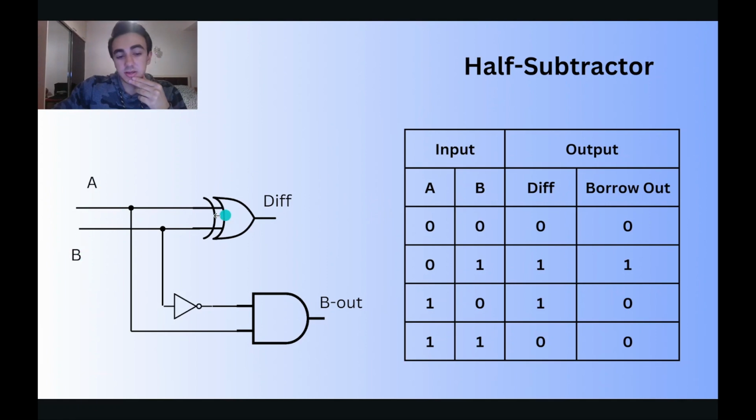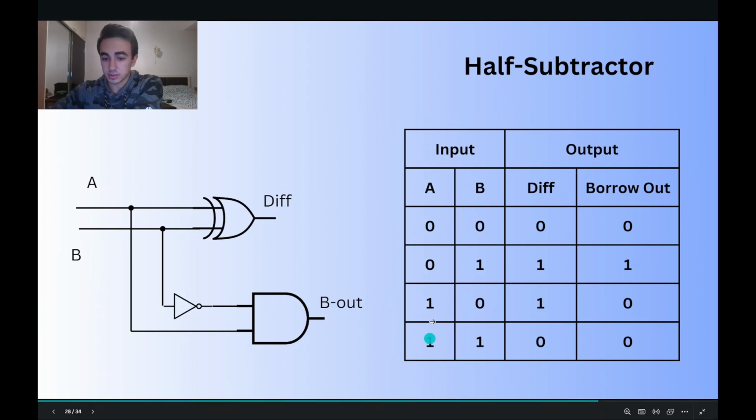So A and B are connected to our XOR, which outputs the difference. Oh, it seems that I made a mistake while making the slide. Sorry for this. The NOT gate, and it's important to emphasize, must be connected to the first input.